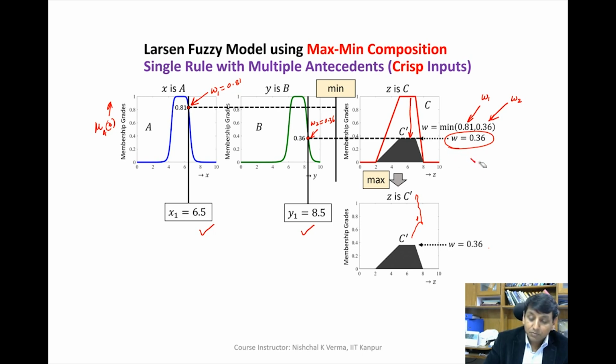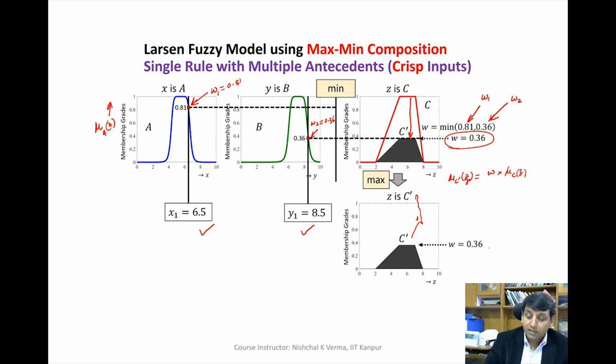The membership function of the new fuzzy set, let's say mu c dash z, is nothing but W into mu c z here.